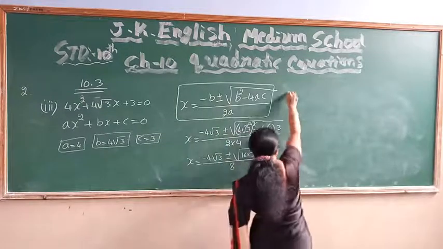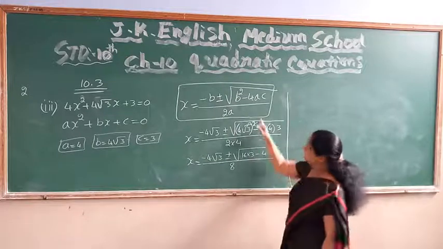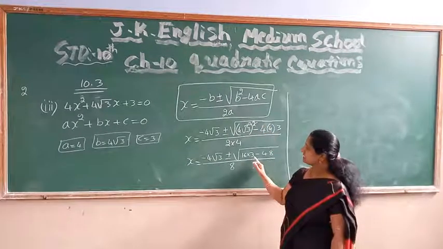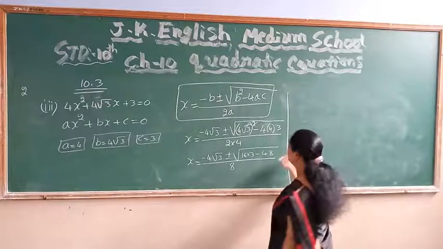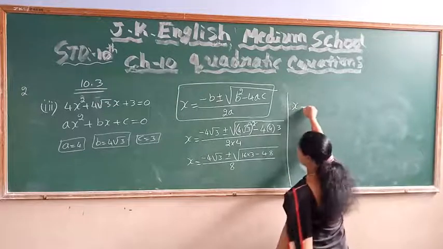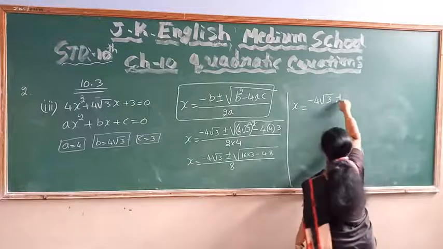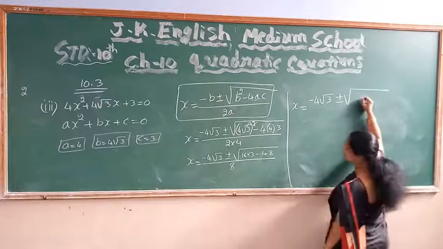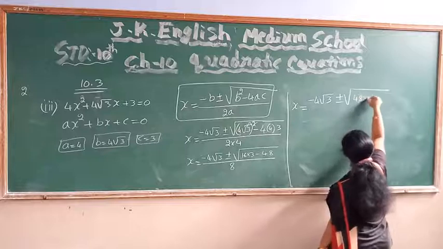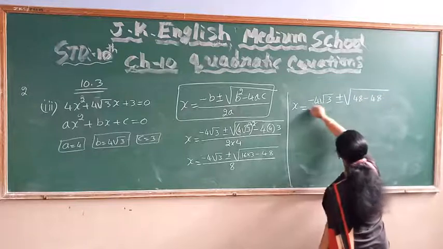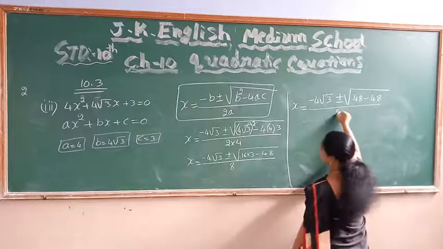If it becomes 0, see now, the b square minus 4ac value becomes 0. 16 3s are 48 only. So now x is equal to minus 4 root 3 plus or minus square root of 48 minus 48 divided by 8.